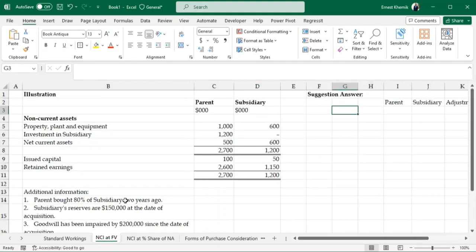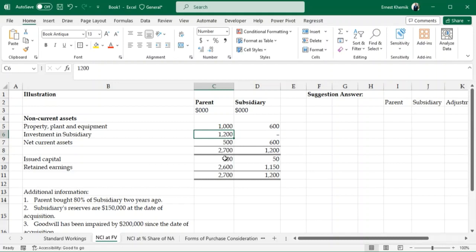This is Microsoft Excel. So I'm going to utilize its computation functionality. So the basic principle of consolidated financial statements is that we replace this particular investment. This is the separate financial statement. So we are converting the separate financial statement which has been prepared in accordance with IAS 27.